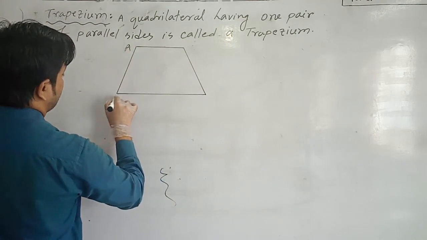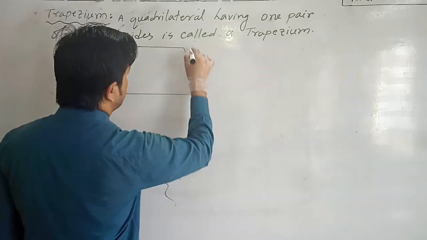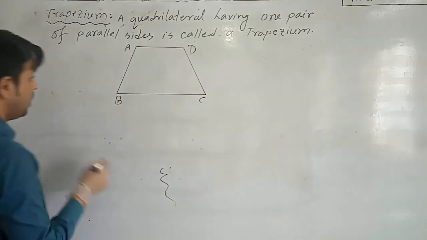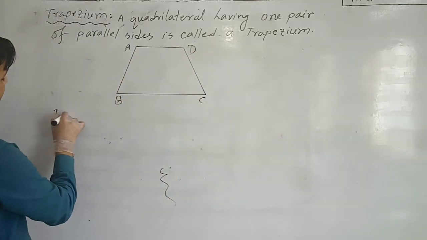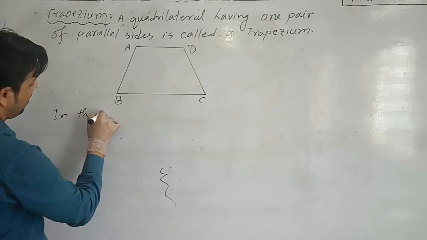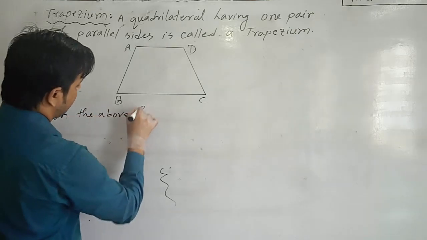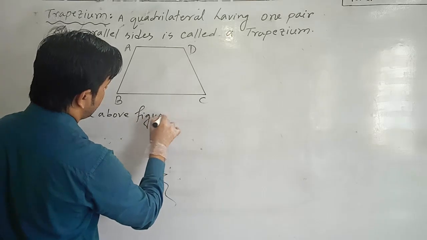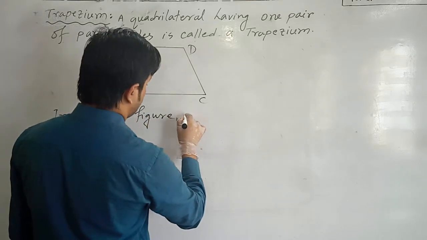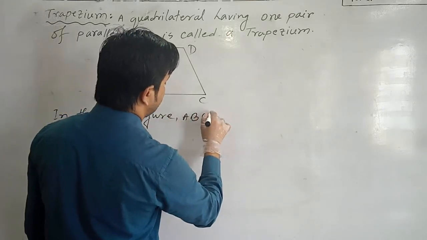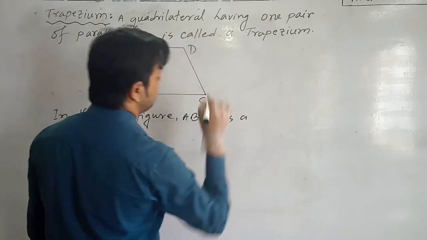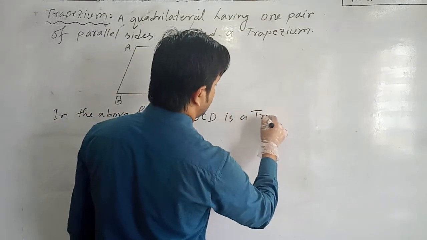A, B, C, D. In the above figure, A, B, C, D is a trapezium.